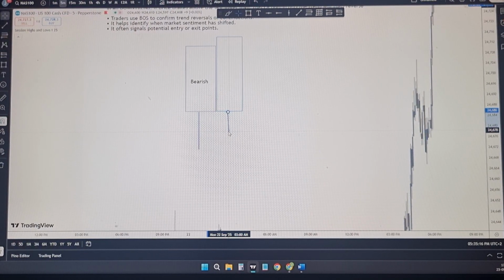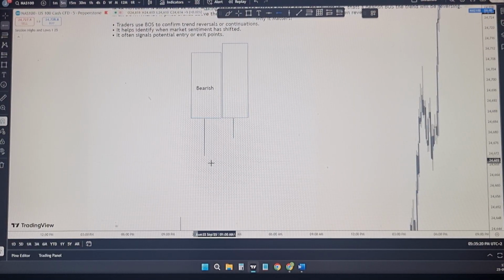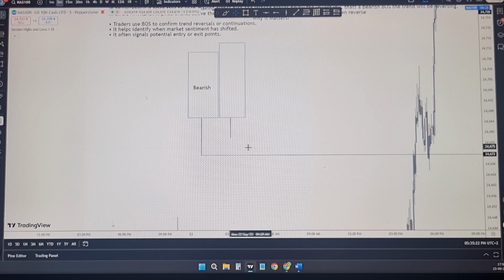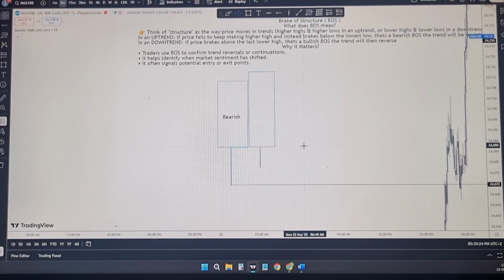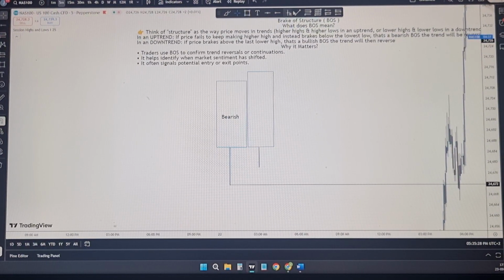This is the low that we want to break below in order to go short, just a confirmation.